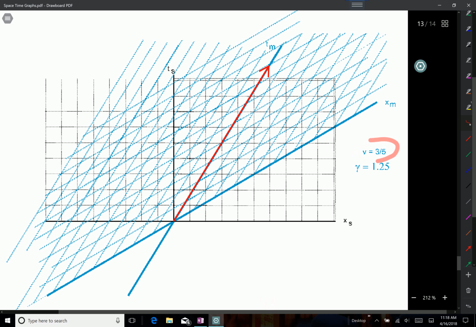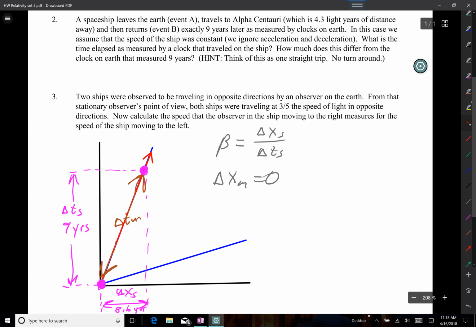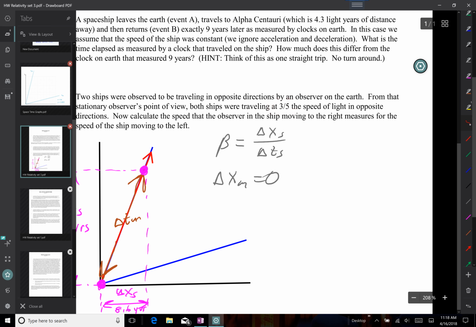This diagram has a beta of 3/5. And we have someone flying to the left at 3/5 the speed of light. The problem says that ships are observed traveling in opposite directions. And they're both traveling at 3/5 the speed of light. One is going to the right, one is going to the left.